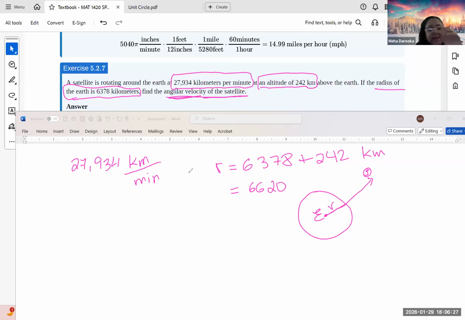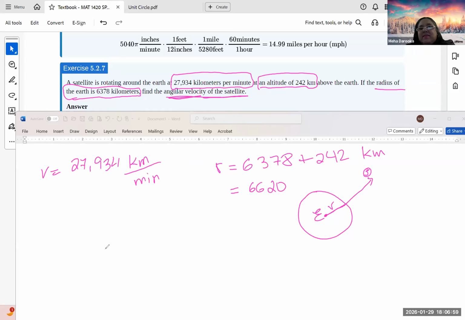So we have the distance. Now, obviously, when they're giving us the rotation of the satellite, remember they're giving us the linear velocity, right? Because they're just telling us what distance it travels around the Earth. And of course, kilometers per minute also tells us that we are looking at a velocity as opposed to angular.